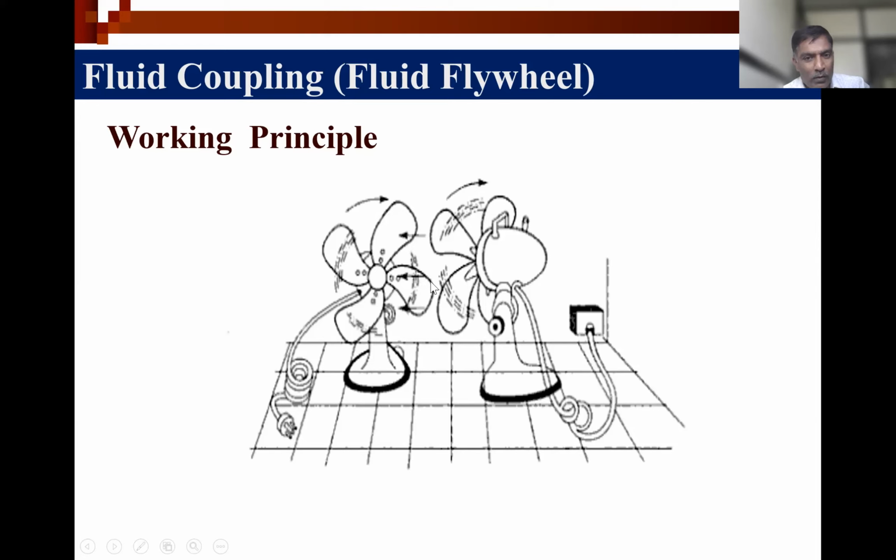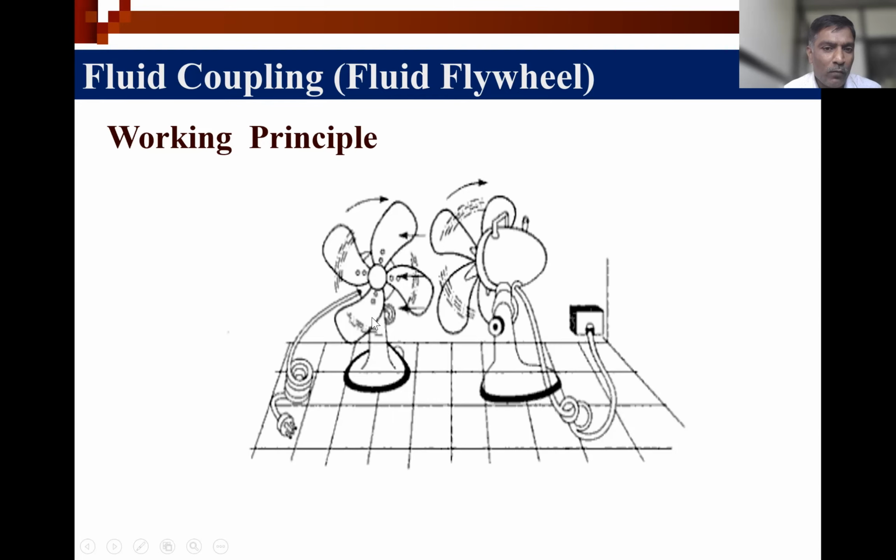Because of whatever air which is thrown on these, that will make them rotate in the same direction. In the same direction. So there is no mechanical connection between these two, but still this is also rotating, as air is a medium.